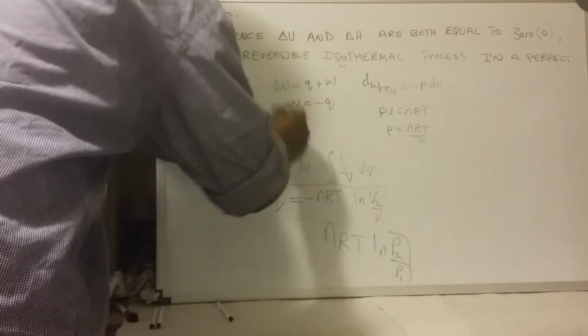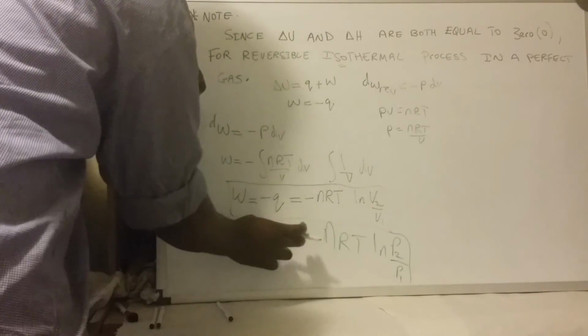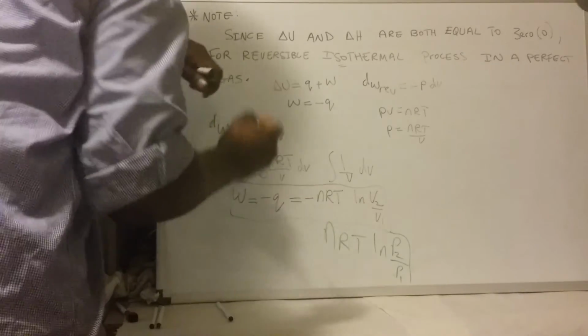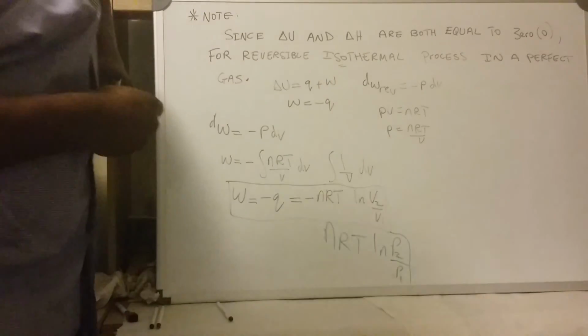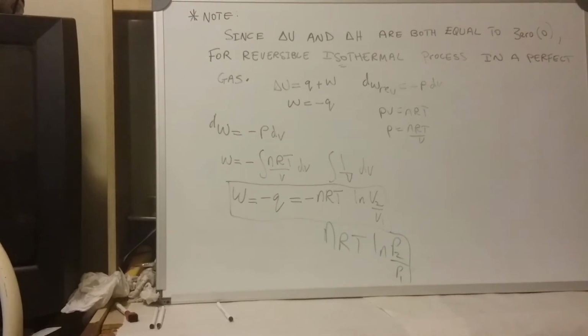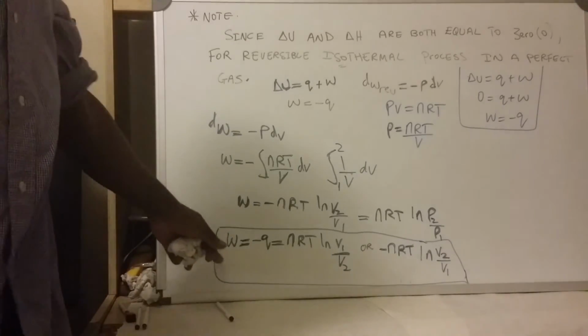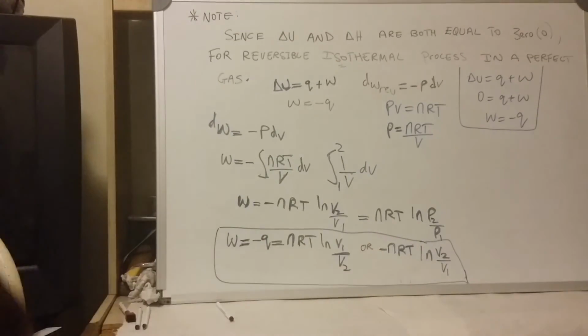So this is how we calculate work and heat for a reversible isothermal process in a perfect gas.